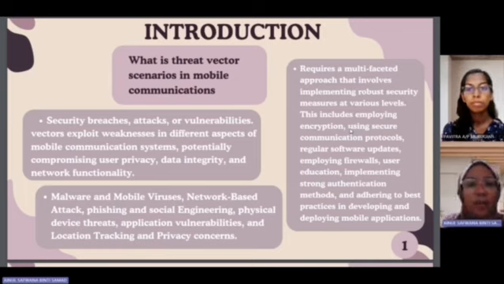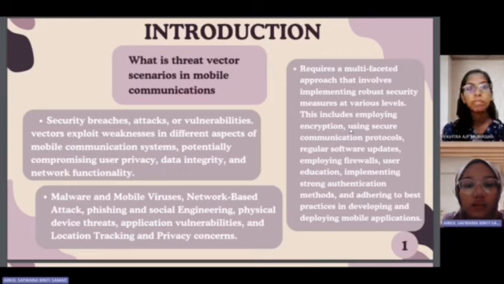These include employing encryption, using secure communication protocols, regular software updates, employing firewalls, user education, implementing strong authentication methods, and adhering to best practices in developing and deploying mobile applications.